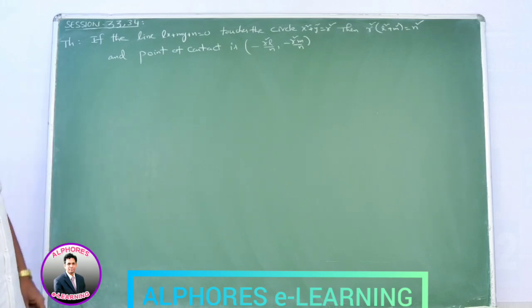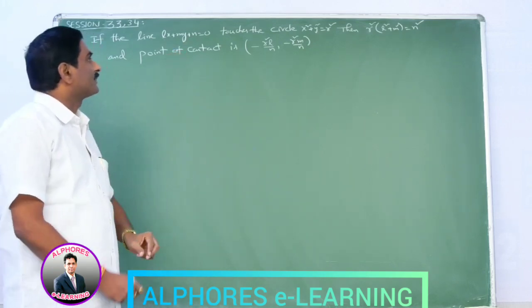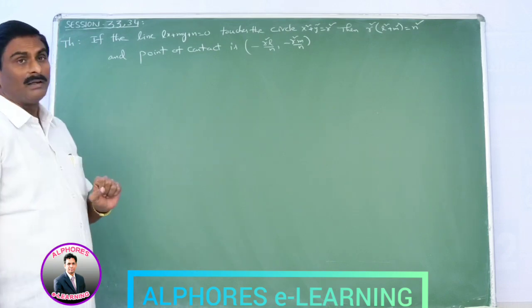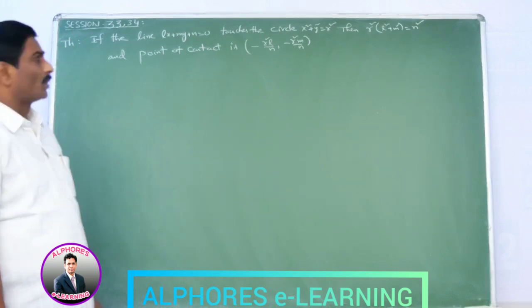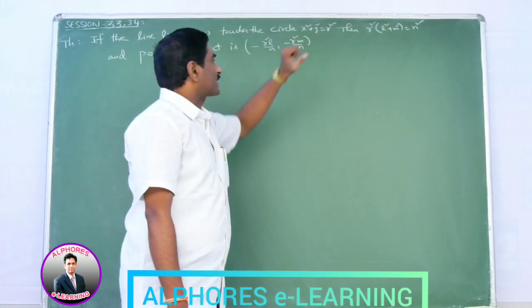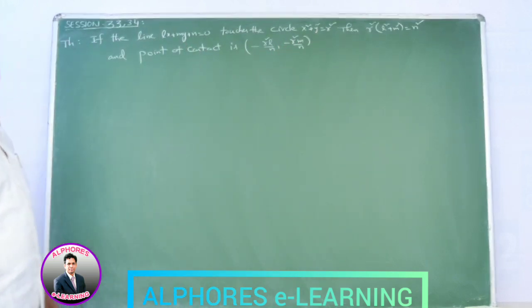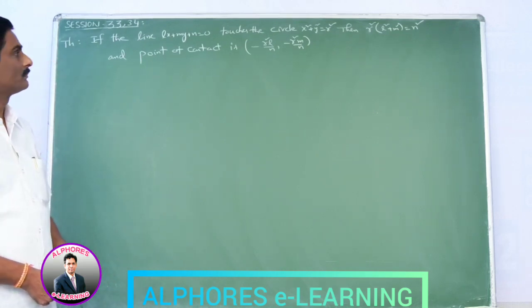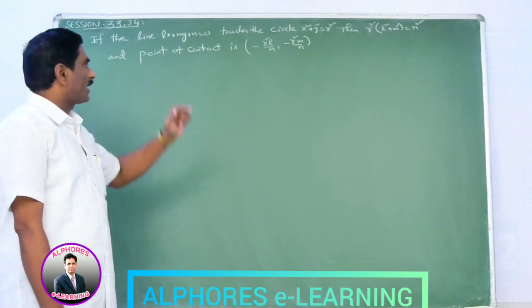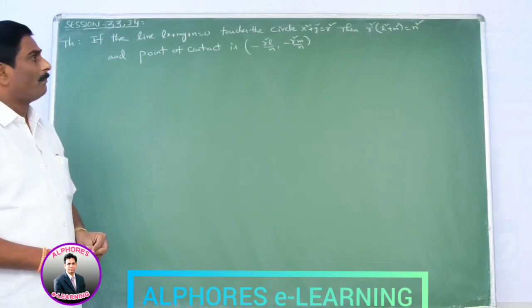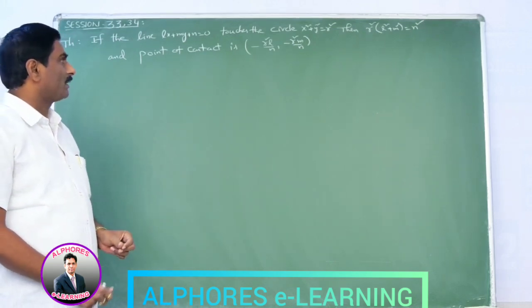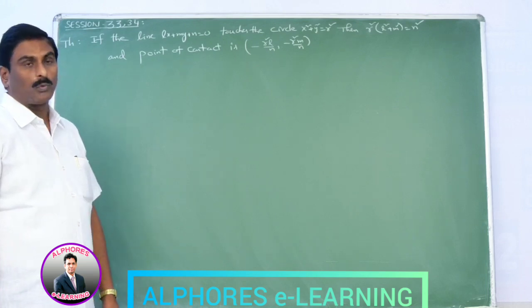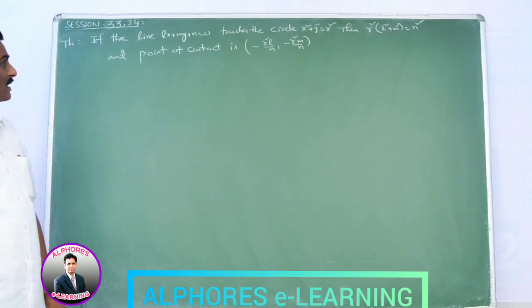If the line Lx + My + N = 0 touches the circle x² + y² = r², then r²(L² + M²) = N², and the point of contact is (-r²L/N, -r²M/N). Point of contact is -r²L/N comma -r²M/N.